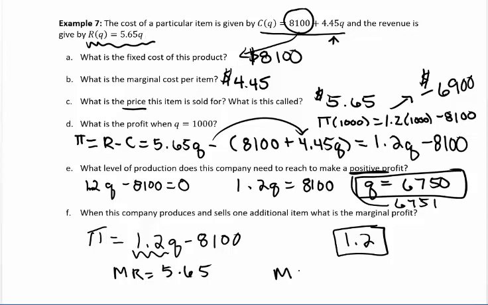I could look at my marginal cost, which was $4.45, and I could look at the difference because the additional revenue that I take in minus the additional cost from making 1 more item also tells me the additional profit. 5.65 minus 4.45 also gives us this 1.2, which is $1.20. So if we didn't already have the profit function, we could use marginal revenue and marginal cost to determine this.